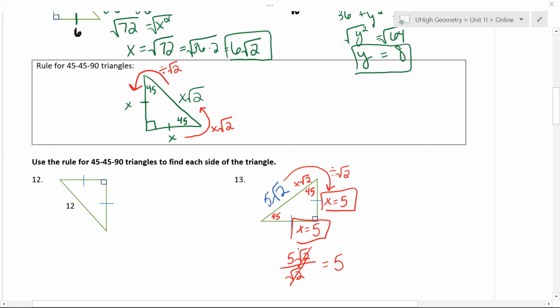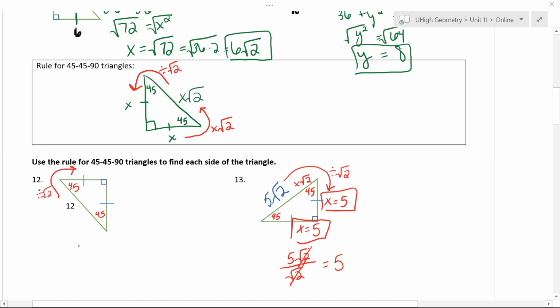Number 12, I have a very similar triangle. I'm given a right triangle with two congruent legs. So I know that my angles are 45. Again, I'm given a hypotenuse, so I'm wanting to go from my hypotenuse to my leg, which is dividing by the square root of 2.